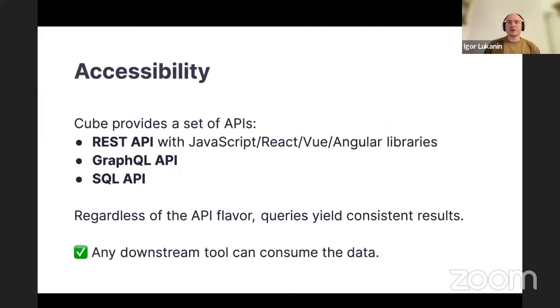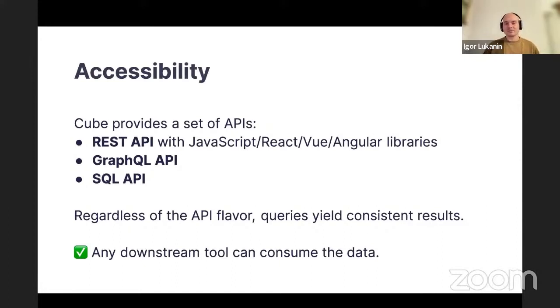Another huge part of what we're trying to do with Cube is to make sure that data is accessible to all kinds of downstream apps. Today we'll be focusing mostly on the REST API, which is most frequently used in front-end apps, and the GraphQL API serves that purpose very well as well. However, the connectivity options that Cube has don't stop there, right?